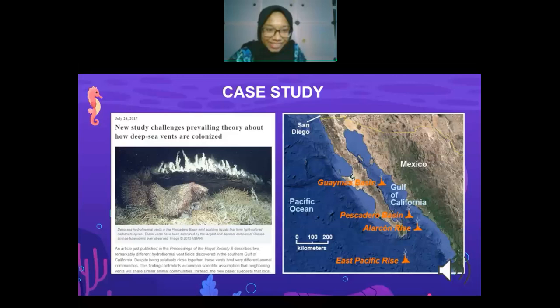By comparing the animals living at both vents, scientists found that only 7 out of 61 animal species can be found in both vents. The result shows that the local geology and chemistry of the vent fields may affect the composition of the animal community in Alarcón Rise and Pescadero Basin.